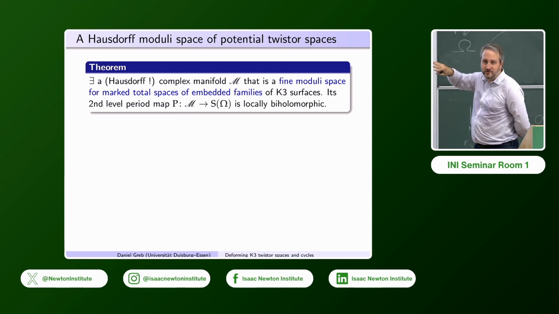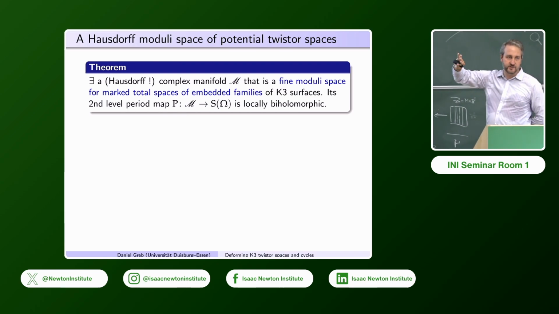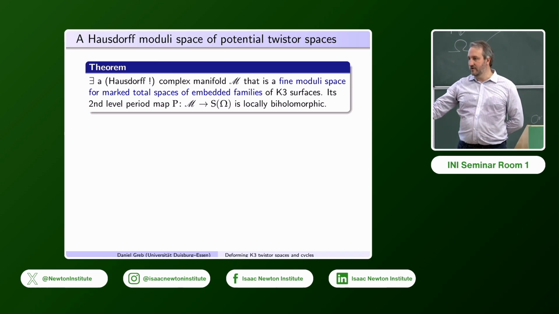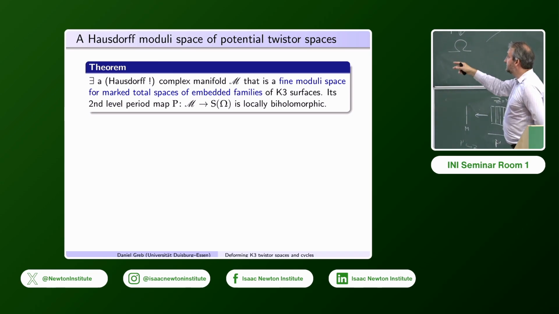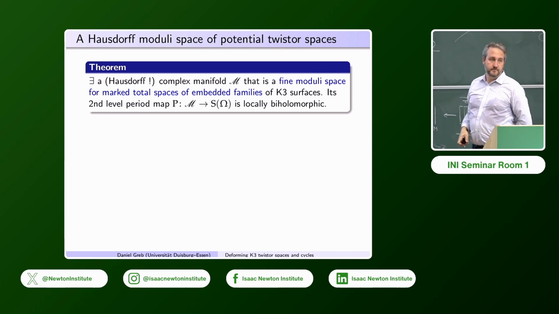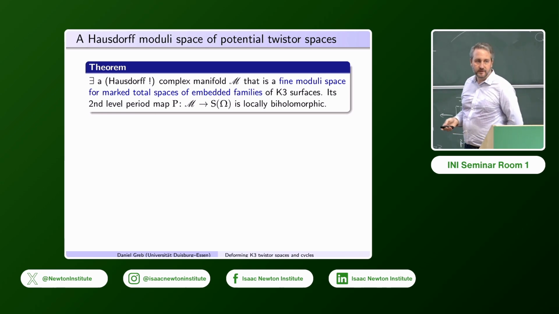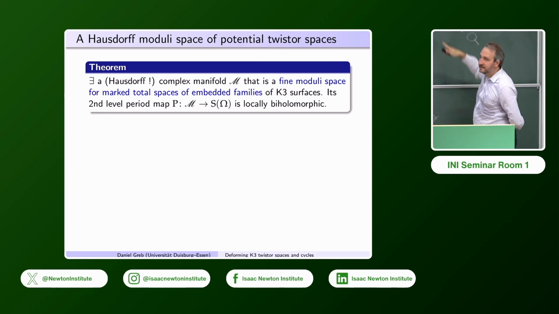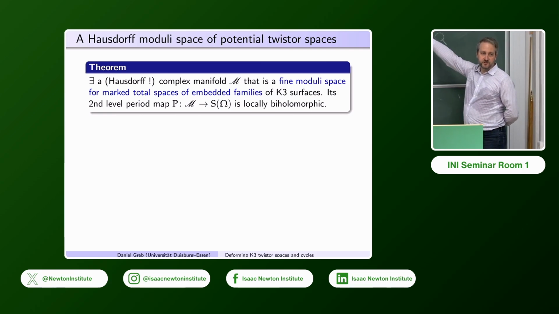I ignored other parts of the twistor construction. I just focus on having a threefold fibering over a P1, and a space which parametrizes such things, plus a marking. You always need the marking to move to the concrete situation.